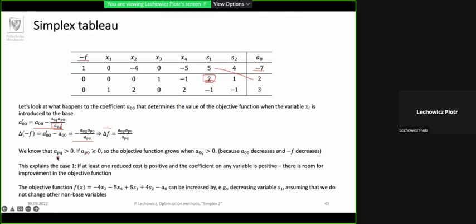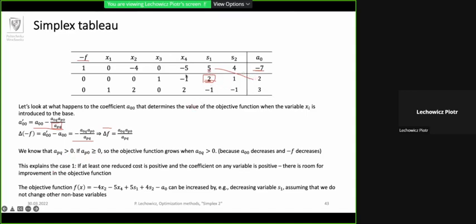So we know that apq is greater than 0 because we're selecting only an element in a row for which this value is positive. So we cannot select, for example, this coefficient, so we cannot introduce S1 instead of X1 because this value is negative. So we are selecting such an element which is positive, and we know that the right-hand side of the equation is also positive.